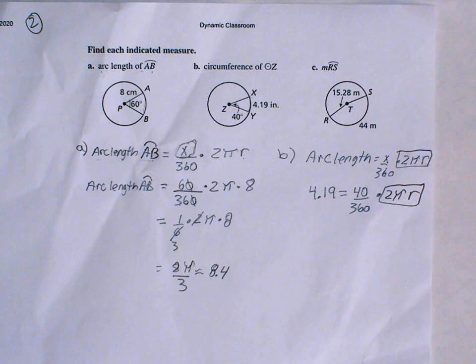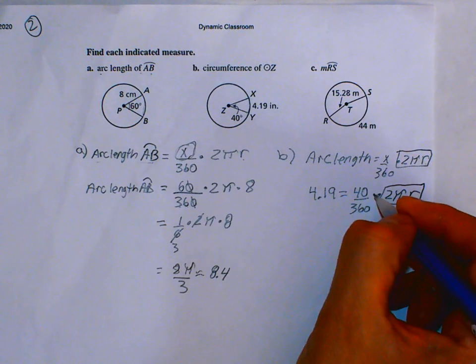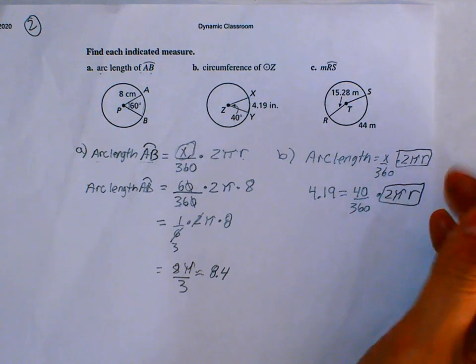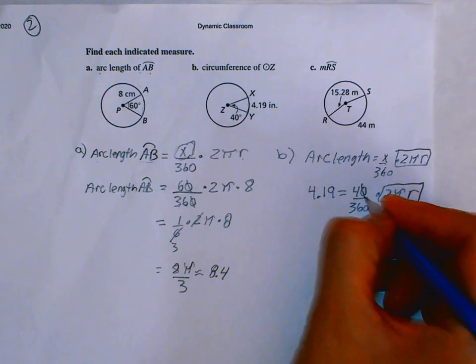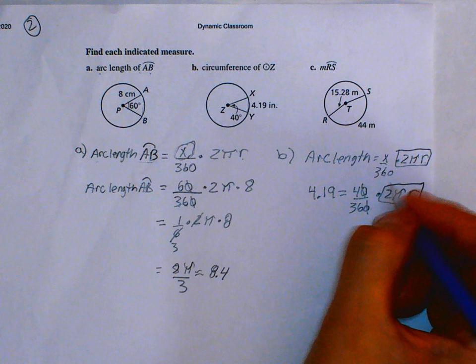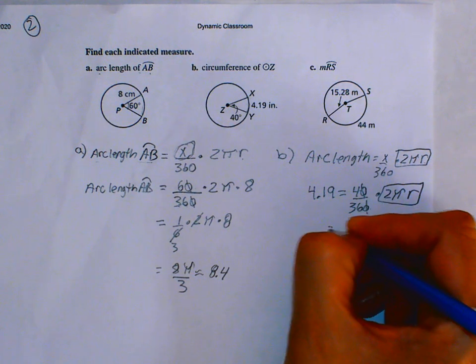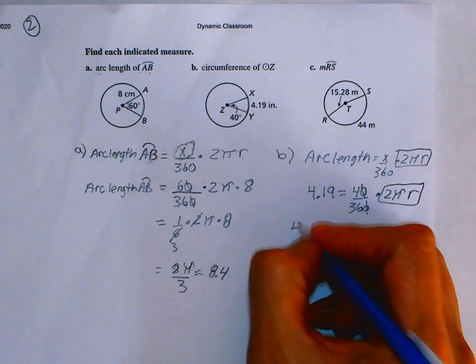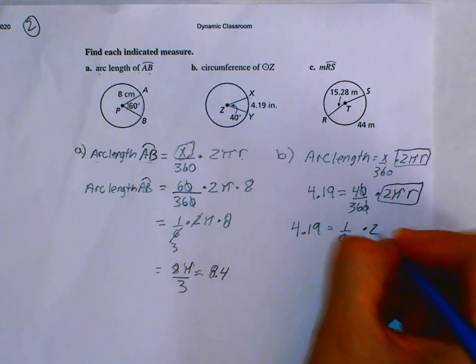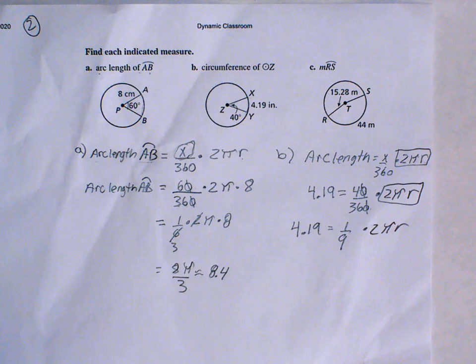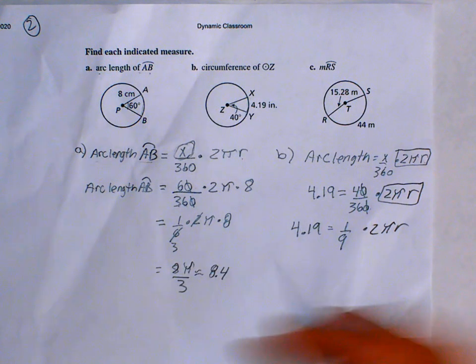So all I got to do is get rid of this. Now, I could simplify it. 40 and 360 are both divisible by 10. 4 and 36, that reduces to 1/9. So 4.19 equals 1/9 times 2 pi r. Now, to get rid of that 1 over 9, I have to multiply both sides by 9.